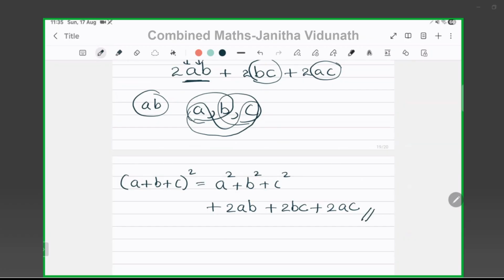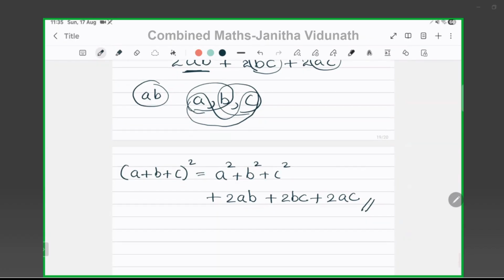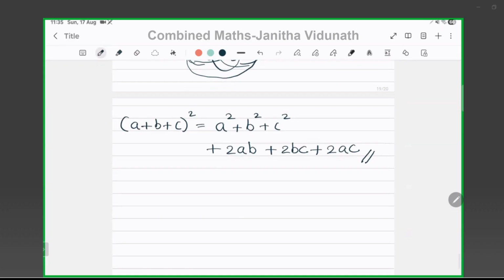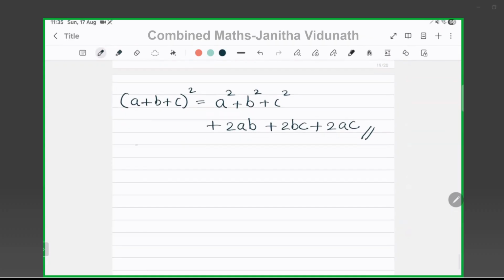I will do some examples to practice that method. If we have (x plus 2y plus 3z) whole square, then our final answer is: first we square the first term, the second term, and the third term.